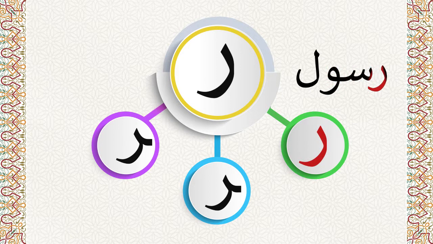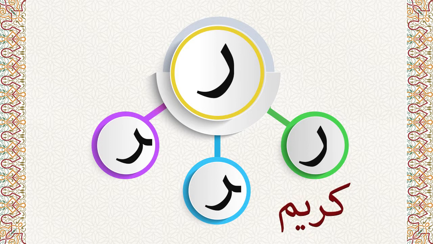When Ra is used in the middle of the letter, it joins with the previous letter. For example, Karimin.